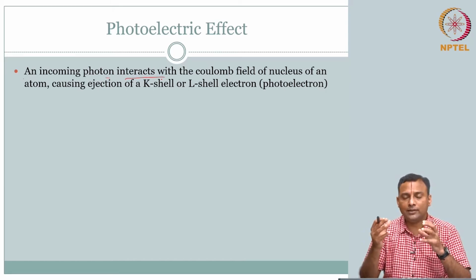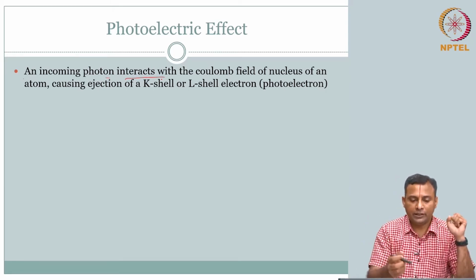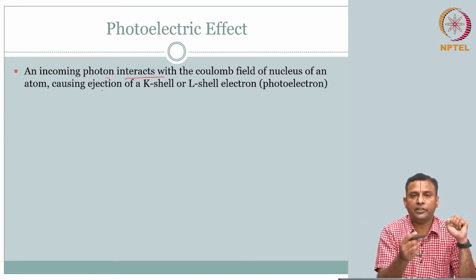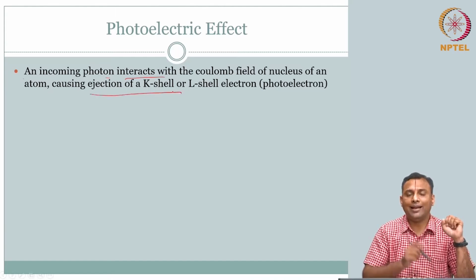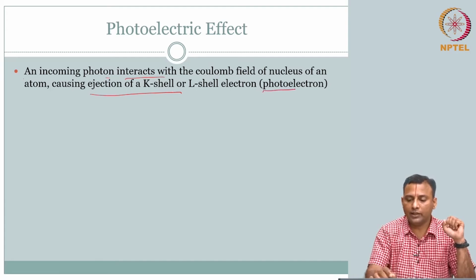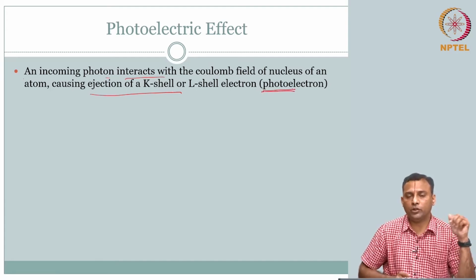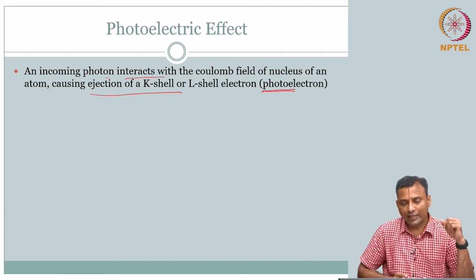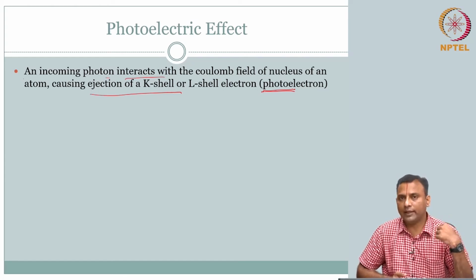Once that atom gets that energy, if it is greater than the binding energy of the K or L shell, that electron is going to go out. That electron is called a photoelectron, because you have the photoelectric effect. This electron is coming out because of the photoelectric effect.